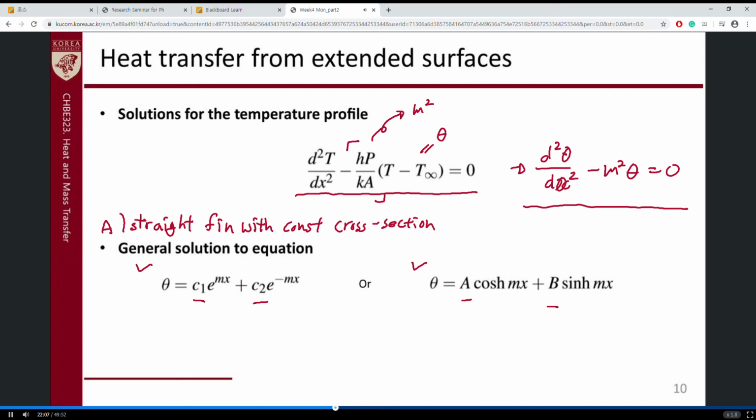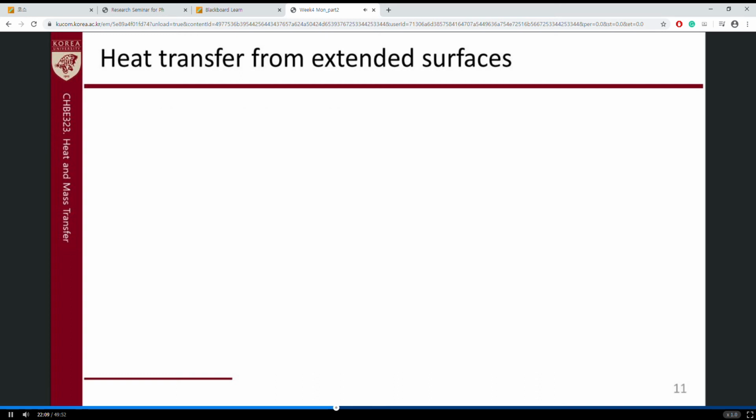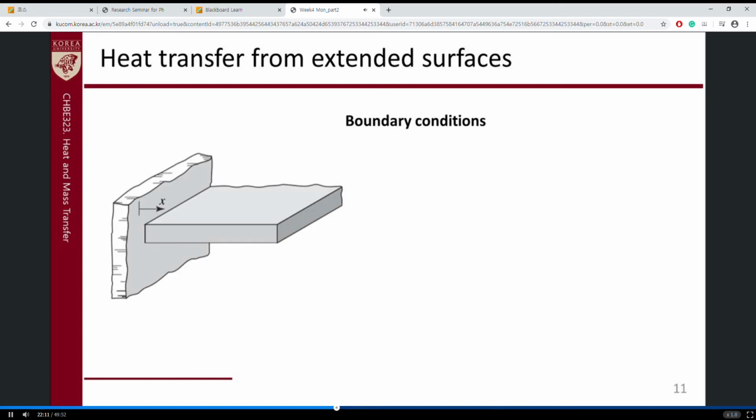So boundary conditions. Let's imagine the structure, and then we can imagine the three setups of boundary conditions. From this time we assume the three situations, okay? And we'll solve the equation at each condition for sure.